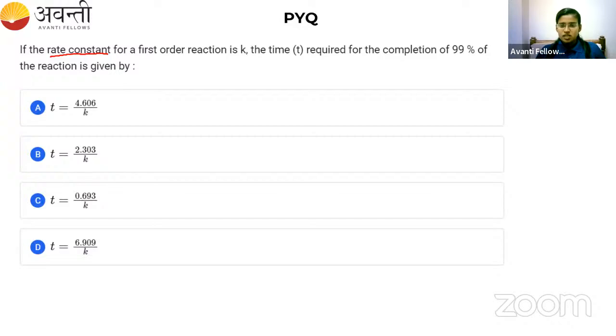Okay, so let us discuss. The rate constant for a first order reaction is K, and we want the time required for the completion of 99%.